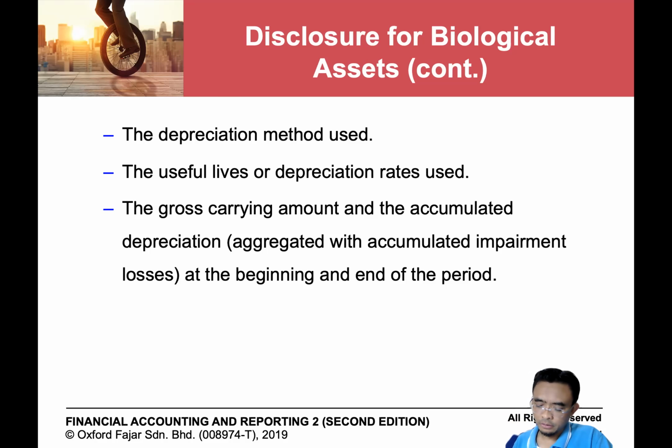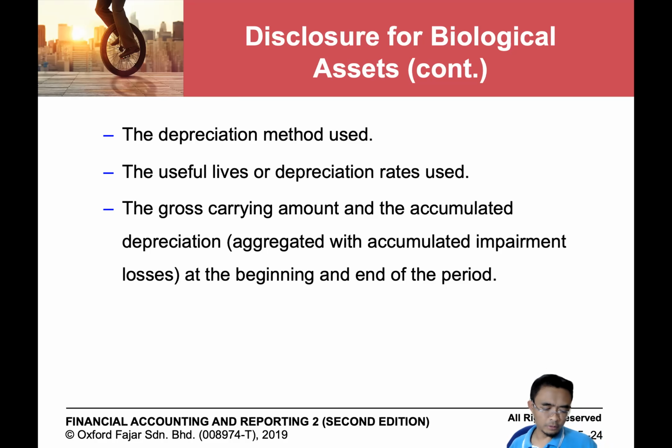So it may be the cooking oil, the margarine or whatever lah, the cosmetics. So these are the products that we produce from the harvested palm fruits. Jadi maknanya it is no longer the agricultural produce, but it now becomes inventories. So that's why it will be covered under MFRS 102.